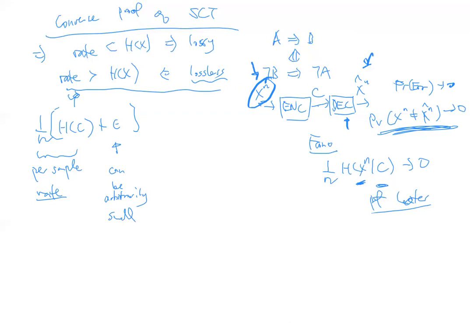So I want to argue that this can be bigger than H(X), with a condition here: lossless, error free. Then this basically proves the converse part. Even though adding the epsilon seems to be cheating, note that this epsilon can be made arbitrarily small, and overall this is saying that my rate has to be bigger than H(X).